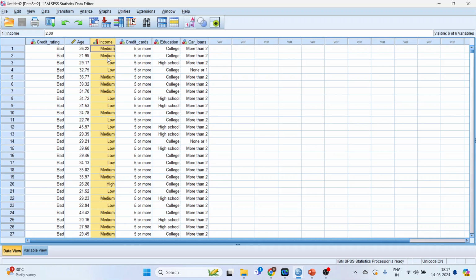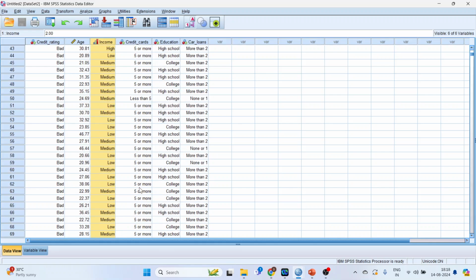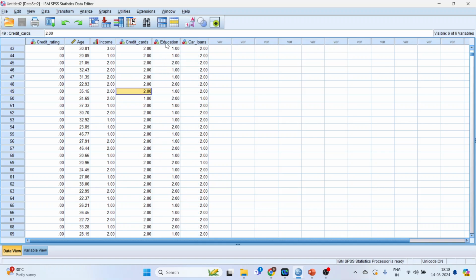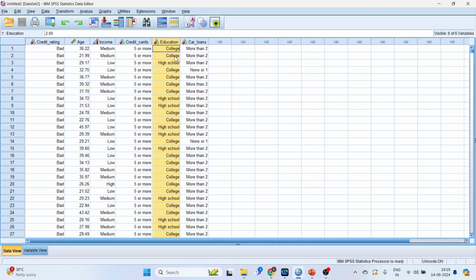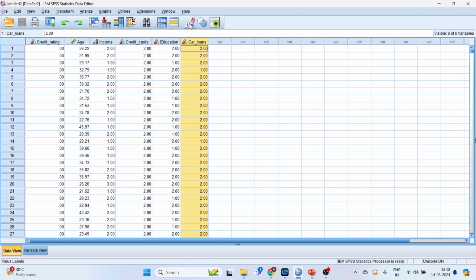So income: low, medium, high. Credit cards. We have code for less than 5 as 1 and 5 or more as 2. You can see here 1 and 2. Education: high school and college. Car loans: none or 1, or more than 2. So this is the coding.